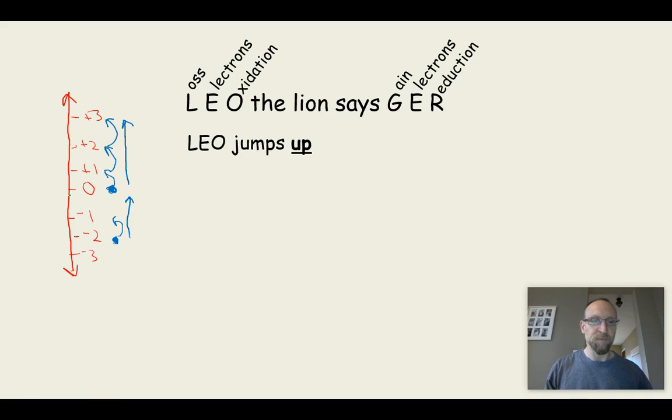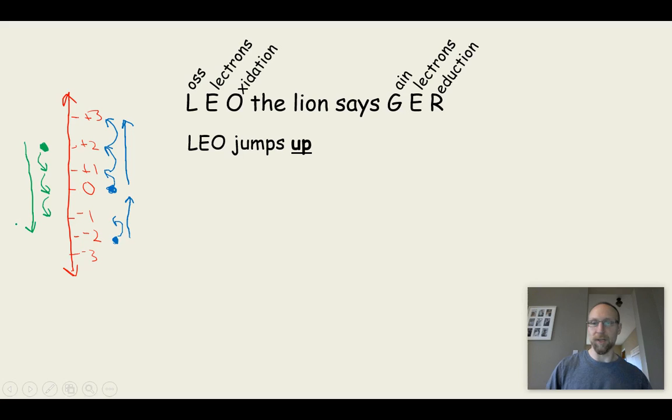And also, same thing in the other direction, right? If I'm at +2, and I gain an electron, now I'm at +1. If I gain another electron, now I'm at 0. I gain another electron, now I'm at -1. Right? So when you gain electrons, you're being reduced.